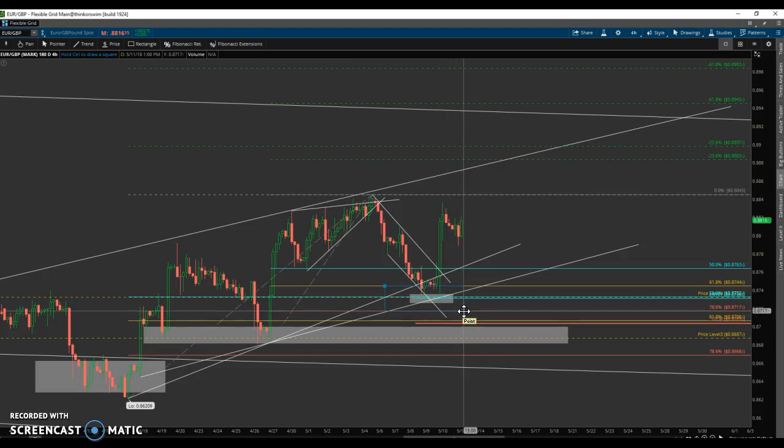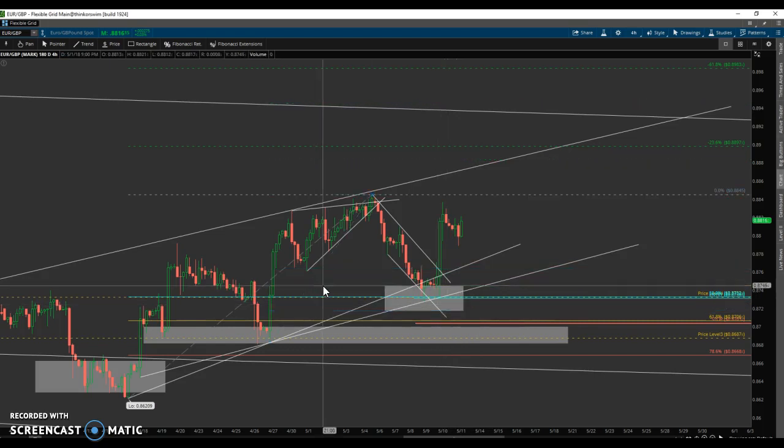So we got the 61.8 and this 50, so 50% from the true low to the high. On the most recent impulsive move, we have that 61.8 and 78.6. So that's my big zone for fibs.